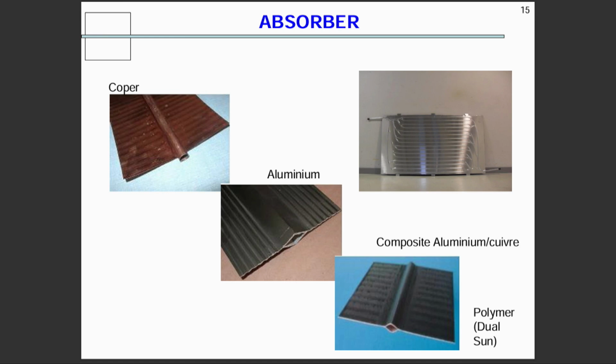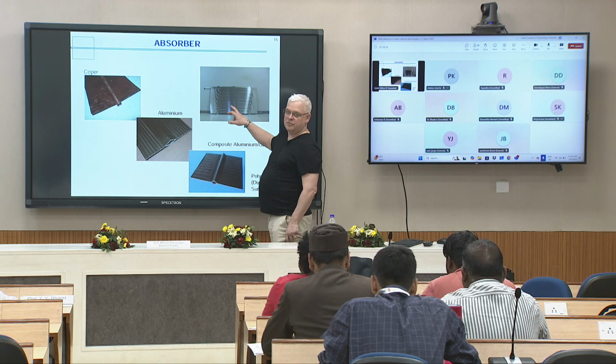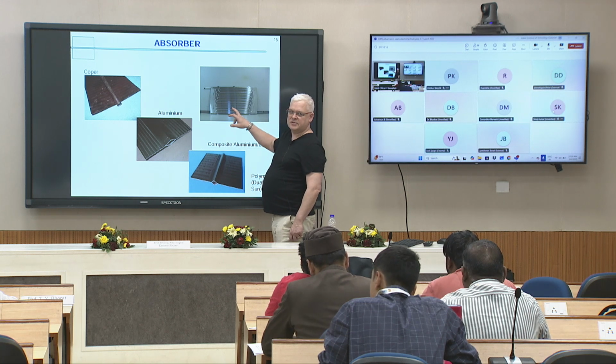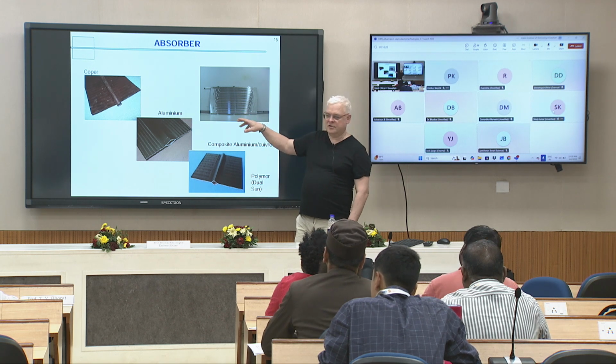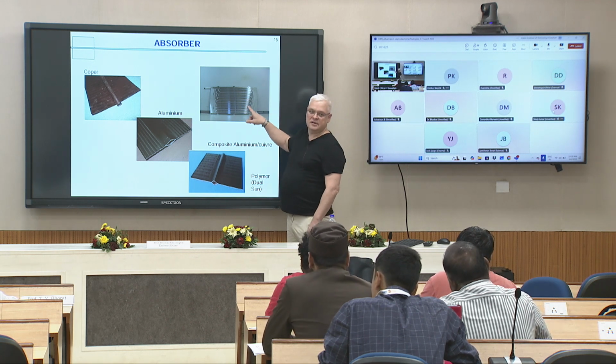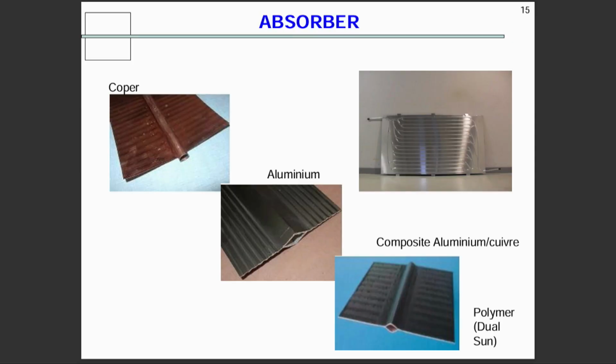Some examples of absorbers. This is the one that we have developed, you remember yesterday when I was presenting the PVT with a fractal heat exchanger. This is the heat exchanger, okay? So it is aluminum.